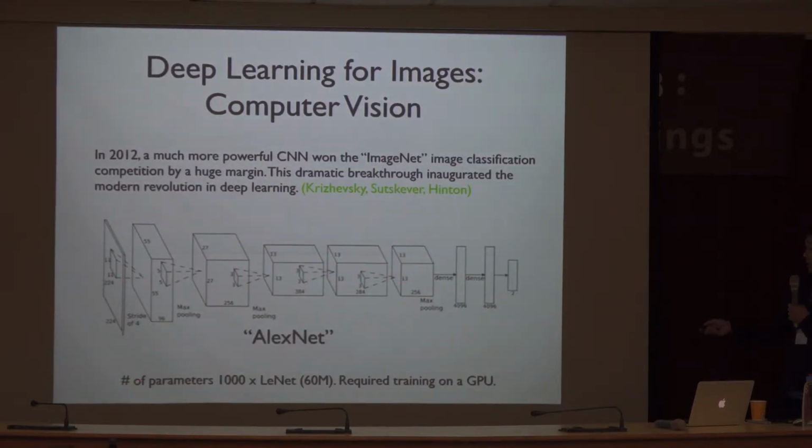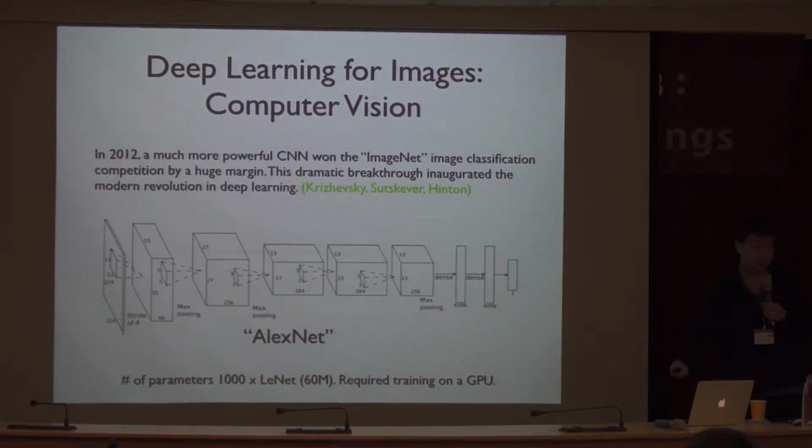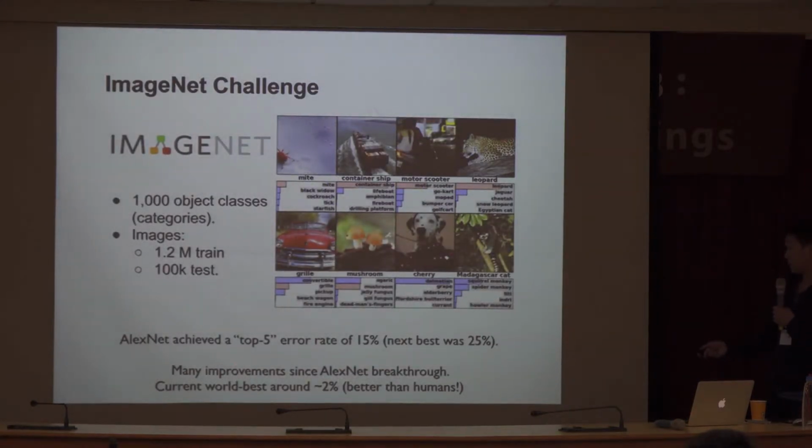So they made it much deeper, gave it many more weights, trainable parameters, 60 million. And for the first time, it really required training on a GPU, graphical processing unit. And so putting all those improvements together, they achieved something like, well, it doesn't sound that good, but it was a breakthrough. So a top 5 error rate of 15%.